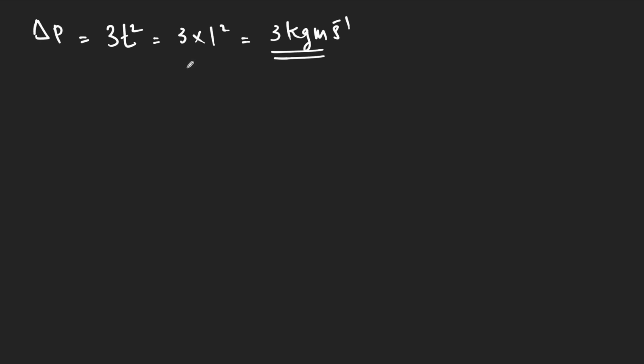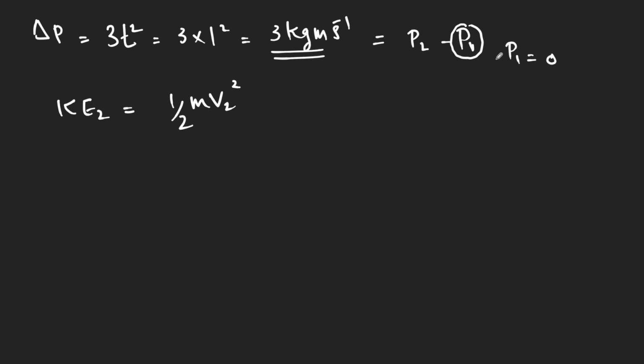And we know K2 is equal to half m v2 square, right? We know delta P is nothing but the momentum at 2 minus the momentum at 1. The initial momentum must be 0 because it was at rest, so P1 is 0.